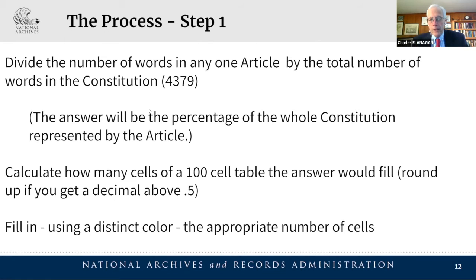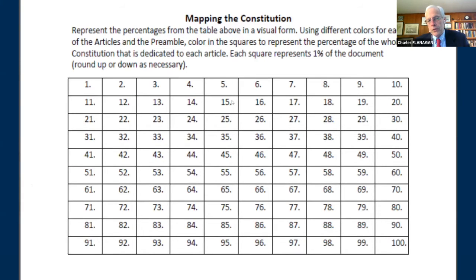Okay, please go to the next slide. Here's what they're going to map on. So if we have figured out the size of various articles, we'll then take our distinct color, and you see that each of these rectangles is 1%. So if something were 50%, you'd fill in 50 rectangles. If it were 75%, you'd fill in 75 rectangles, and so on.